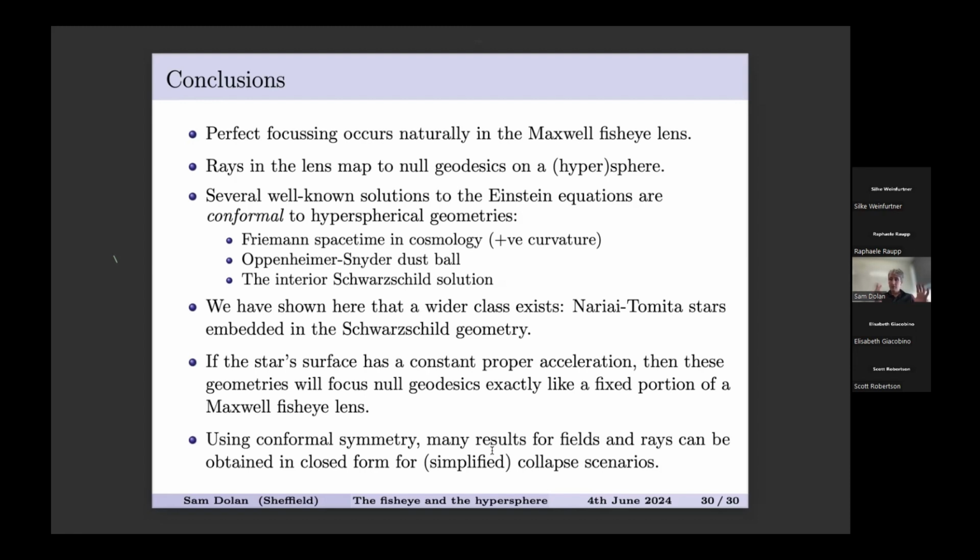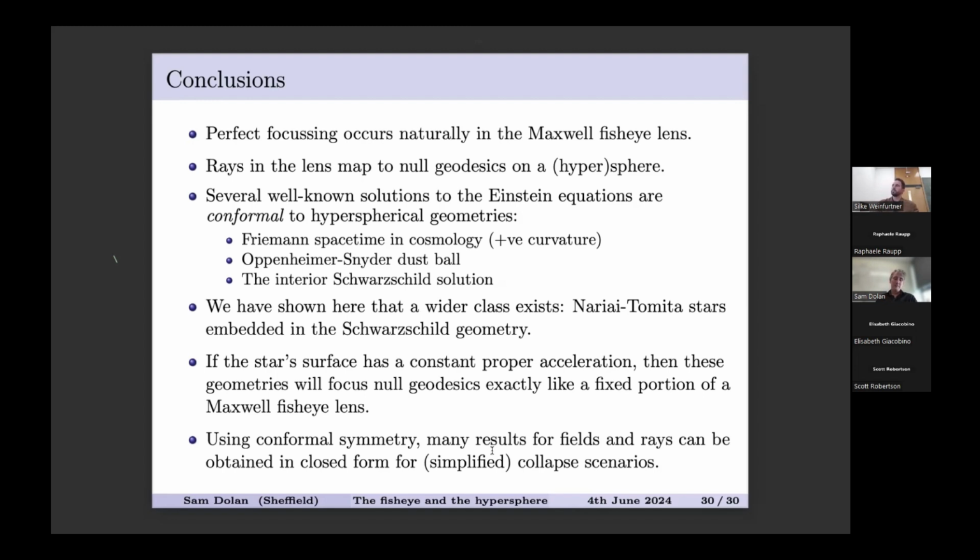Moreover, we've described today that a wider class of solutions exists. These are Nariai-Tomita stars embedded in the Schwarzschild geometry. And if the star's surface has a constant proper acceleration, then we have a fixed proportion of the Maxwell fisheye lens in the conformally related spacetime, and so we will get focusing exactly as in that system.